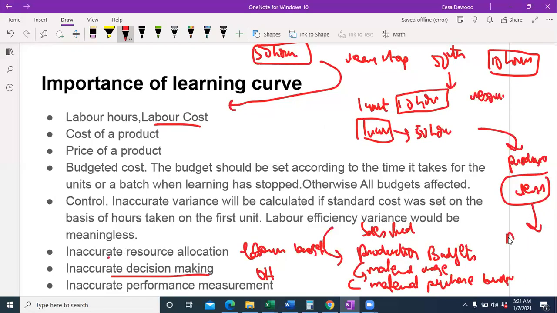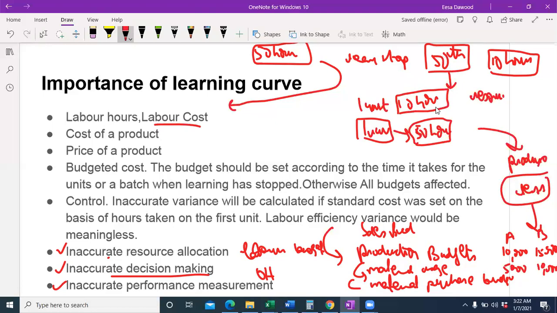For example, there were two products, A and B. There was a sales demand of 10,000 for A and 15,000 for B. But based upon one unit taking 50 hours, I was only able to produce 5,000 of A and 10,000 of B. So definitely I was not able to meet my sales demand, I did inaccurate resource allocation and made inaccurate decisions, and it would have affected my performance when you had the capacity, but because of your wrong estimates, you didn't base your budget on the time taken to produce one unit when the learning stopped, which was the efficient standard.